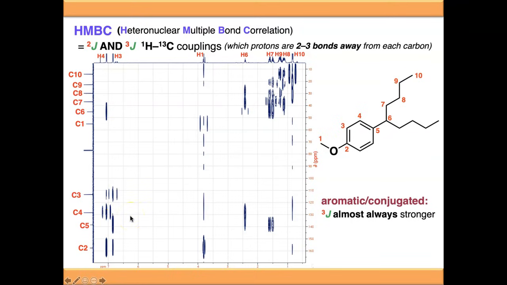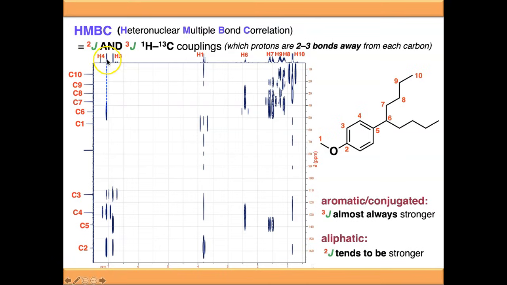This is just a guide to help you out. Obviously, don't take it as rote, but you can use it as a rule of thumb. In an aromatic or conjugated system, the 3J is almost always stronger than the 2J coupling. In aliphatic systems, the 2J tends to be stronger, but it's a lot more subjective. It depends on the conformation of your molecule and that sort of thing. But in aromatic systems, it is a useful thing.